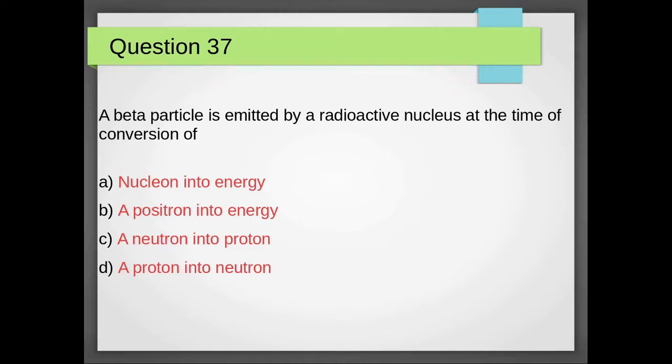In the previous question, we saw that when a proton is converted into a neutron, it does so by combining with the neutrino. So when a beta particle is emitted by a radioactive nucleus, the conversion would have to be from a neutron into a proton. So option C is the right answer.